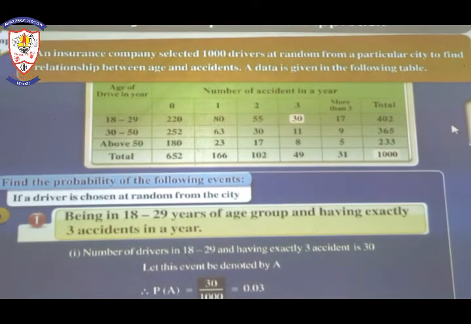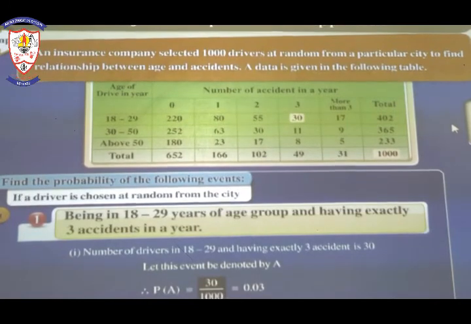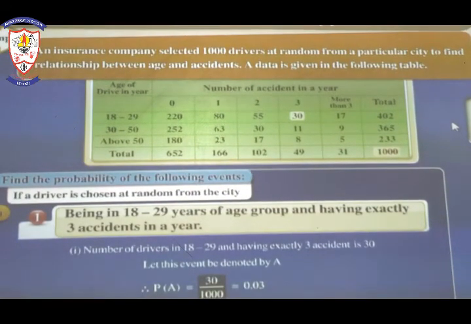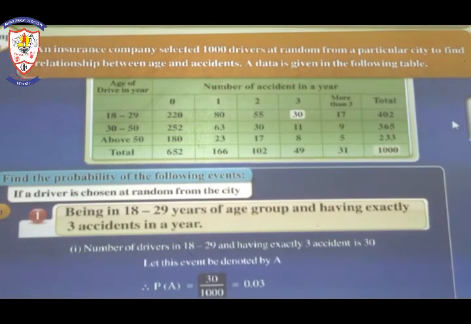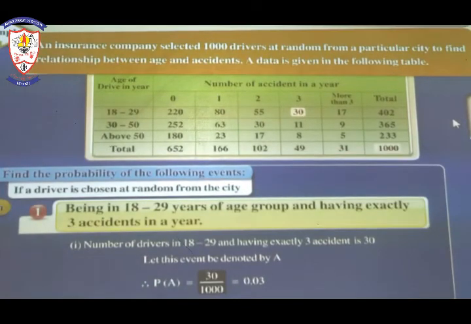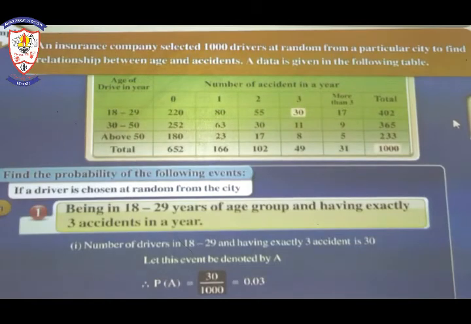Now find the probability of the following events. The first question is being in the 18 to 29 age group and having exactly 3 accidents in a year. So we will just concentrate on the table part for the 18 to 29 age group. Exactly 3 accidents, there are 30.